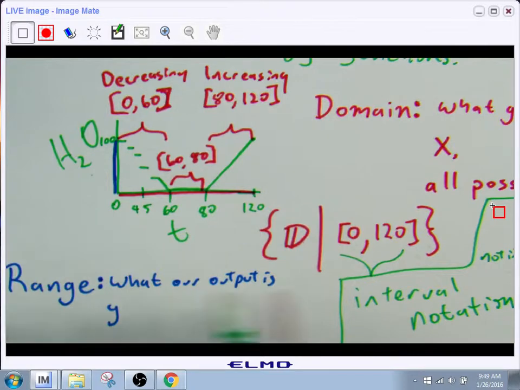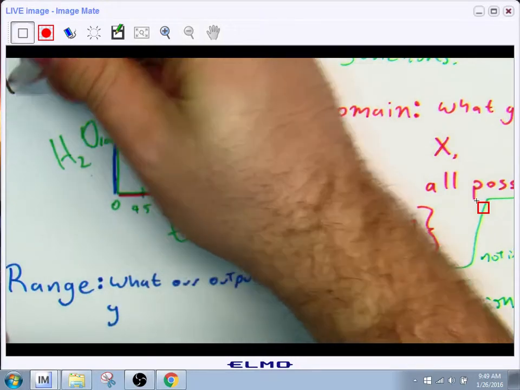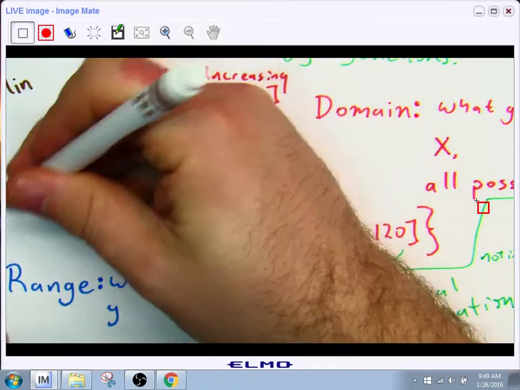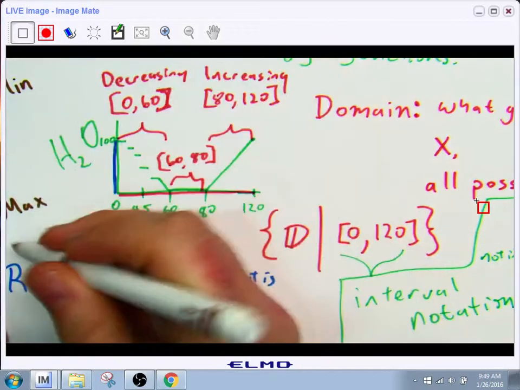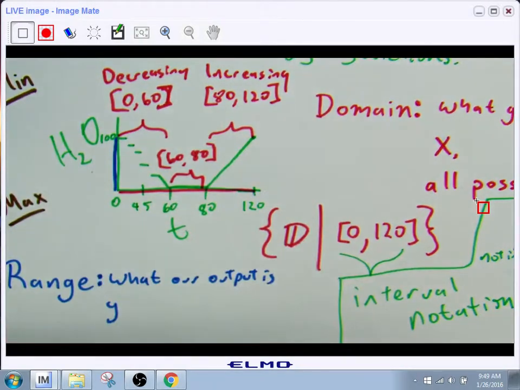One thing, though, that we have to know is we have to understand the concepts of minimum and maximum. Okay. When I'm looking at the minimum of a function, I'm looking at the lowest range possible.